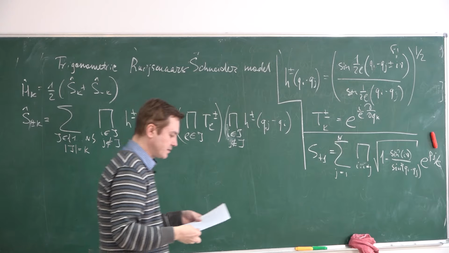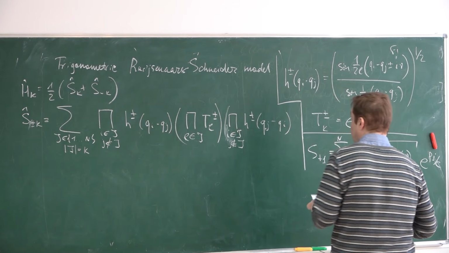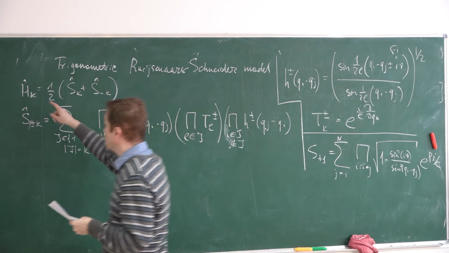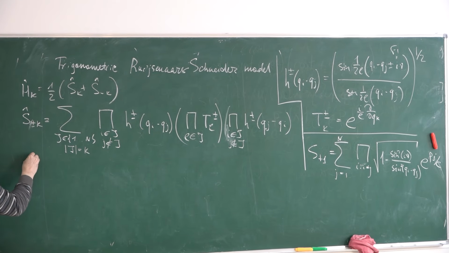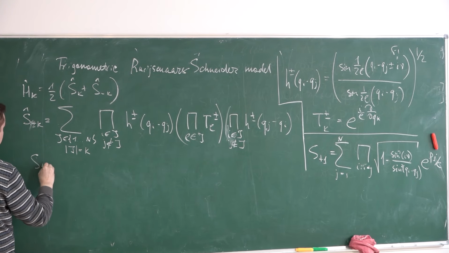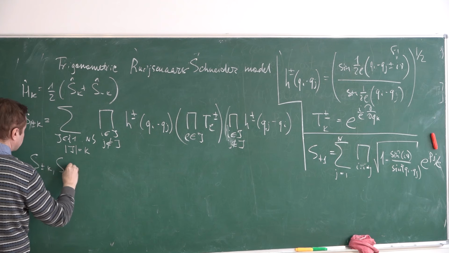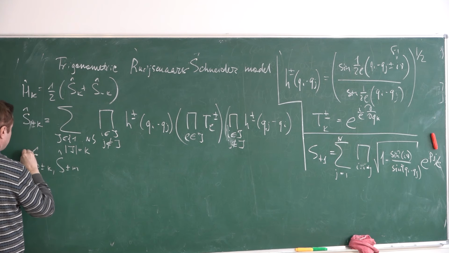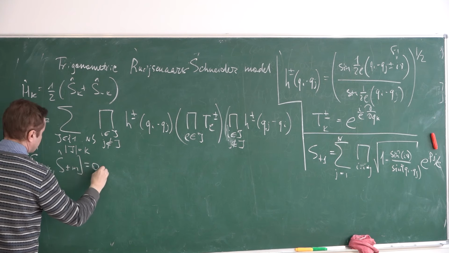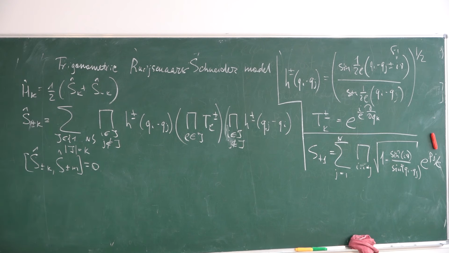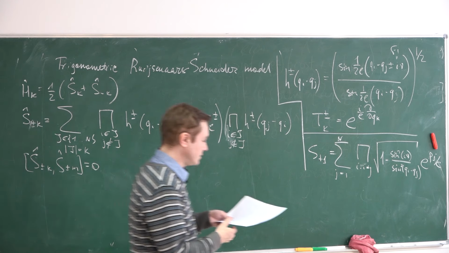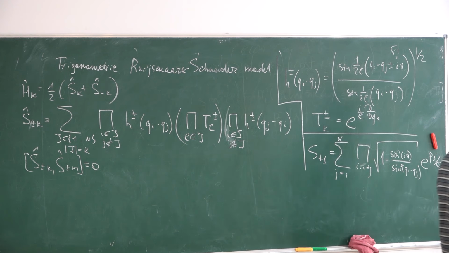One can show that they indeed commute with each other. Not only these operators, but all these operators commute with each other: S plus minus k and S plus minus m commute.